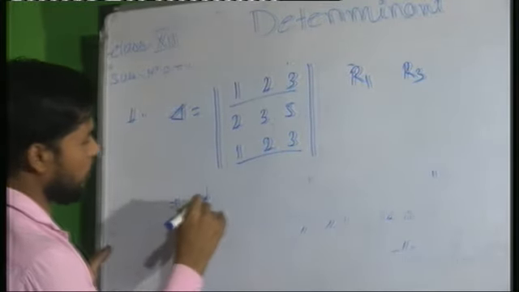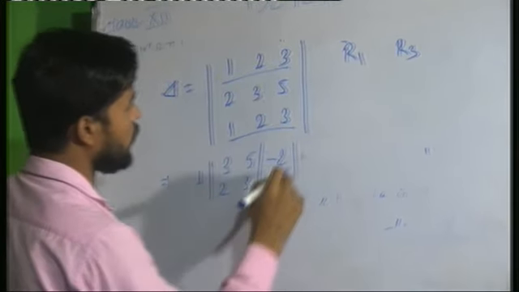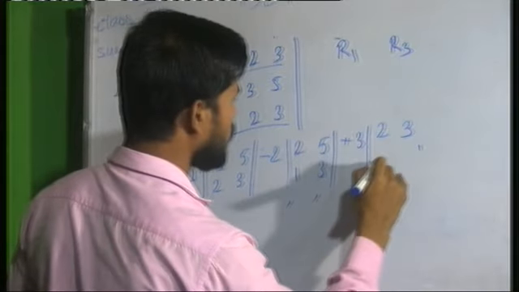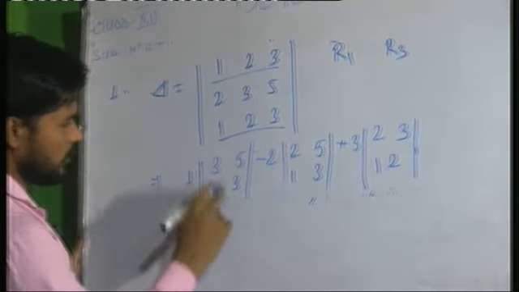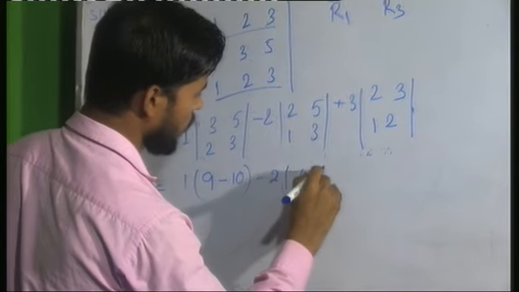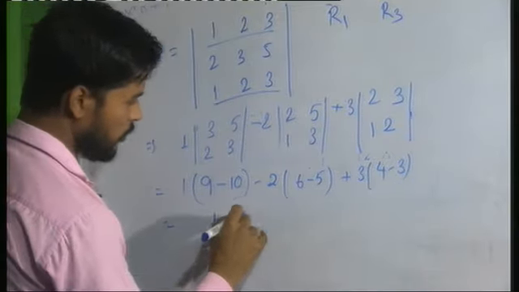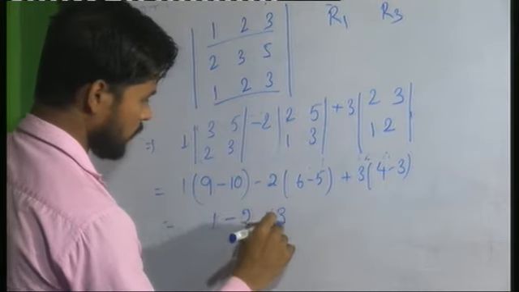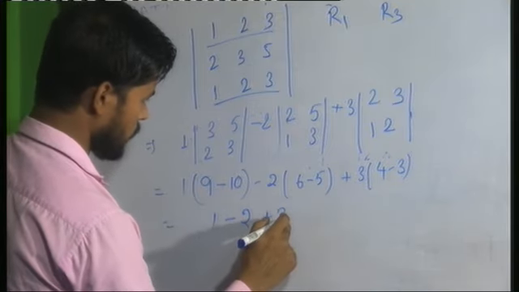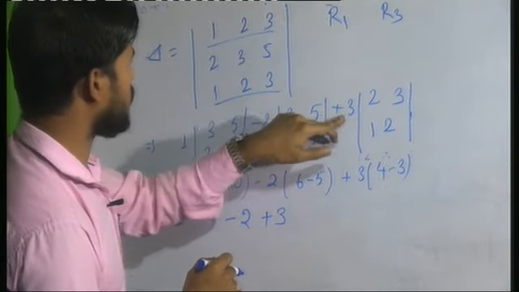See, if I expand this determinant, 1 into determinant of 3 5, 2 3, minus 2 determinant of 2 5, 1 3, plus 3 determinant of 2 3, 1 2.